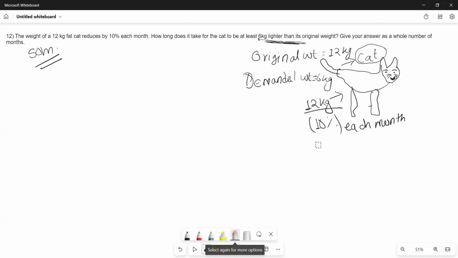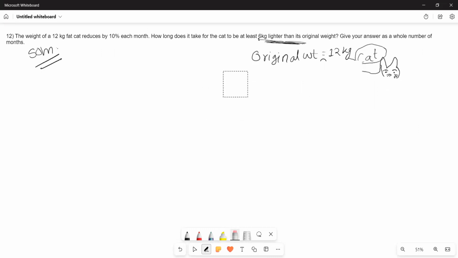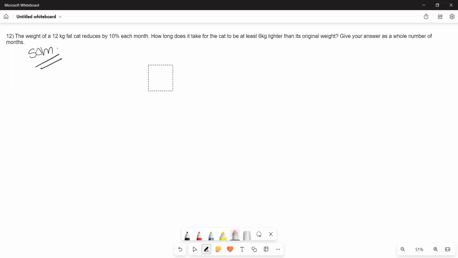So let me provide a solution here. You understand everything, this diagram, what the question is asking, right? So let me erase all this.